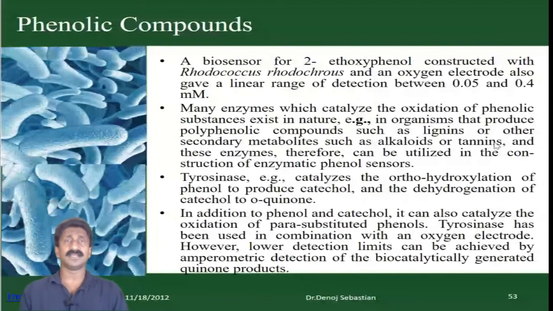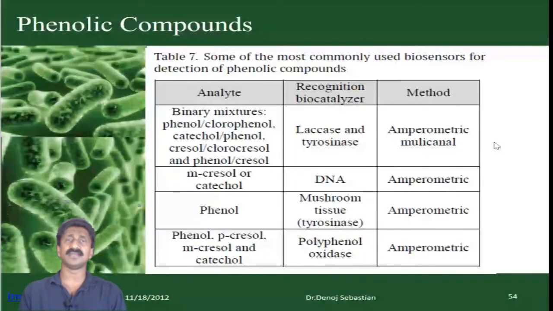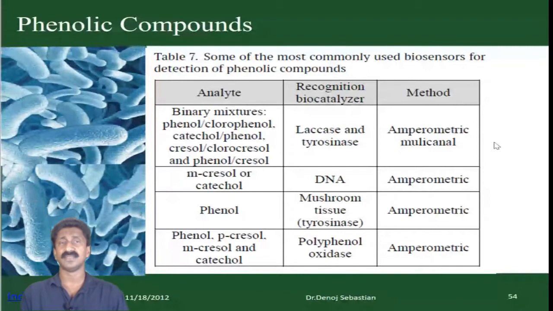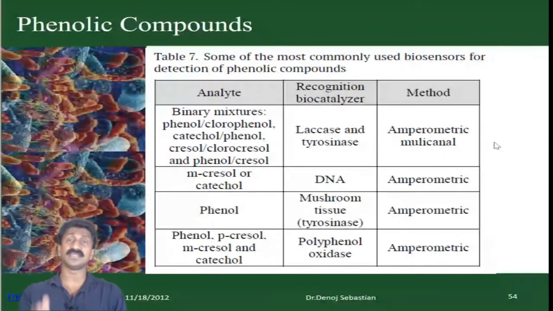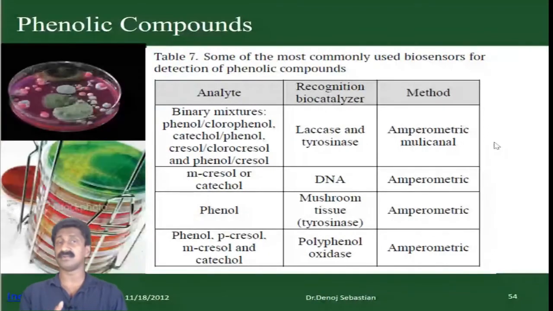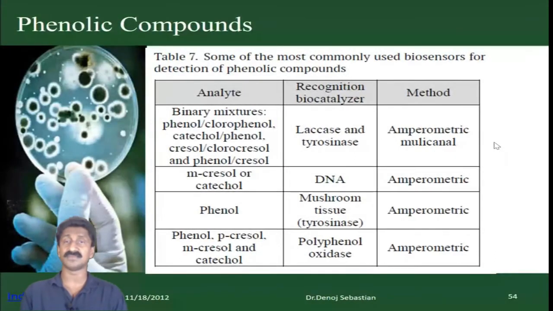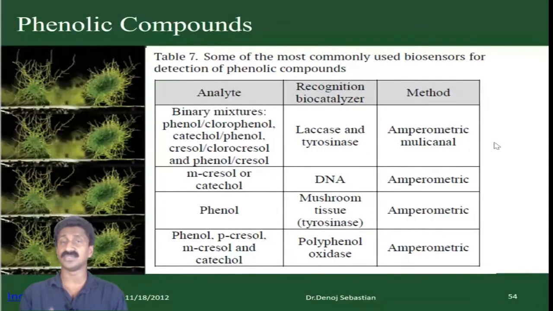So here it summarizes different types of analytes like biosensors, phenol, and different compounds like catechol, cresol, chlorocresol, m-cresol, so different compounds are listed. And these different analytes can be detected using the catalyst. Laccase or tyrosinase is one of the enzymes used in amperometric systems. Then a DNA-based detection system for m-cresol or catechol is used in amperometric.